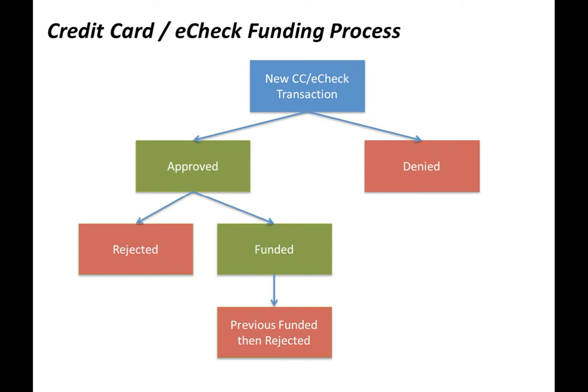So it will automatically create an invoice for that customer for the amount of the transaction that was rejected, and it will automatically charge that to your bank account. So when you look at your financial reports, you'll see that the money is actually coming out of your bank account. And then you have an additional receivable because now the customer owes you that money again.